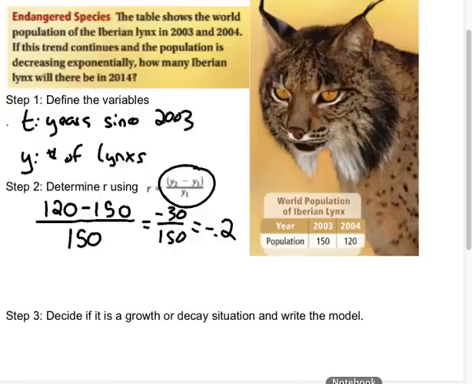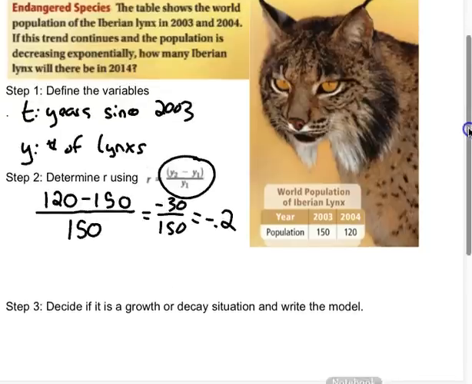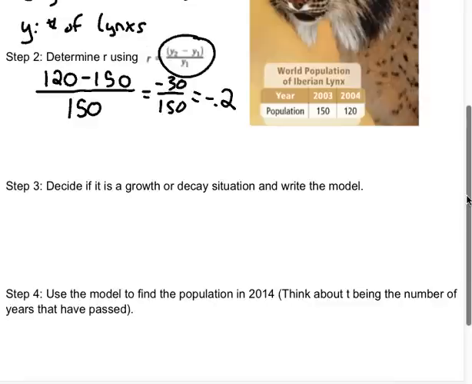Okay, so what that's telling me is the population is decreasing 20% each year. So we actually found our R value. The R, we're decreasing by 0.2. So here, clearly this is a decay situation. So let's see what we've got.